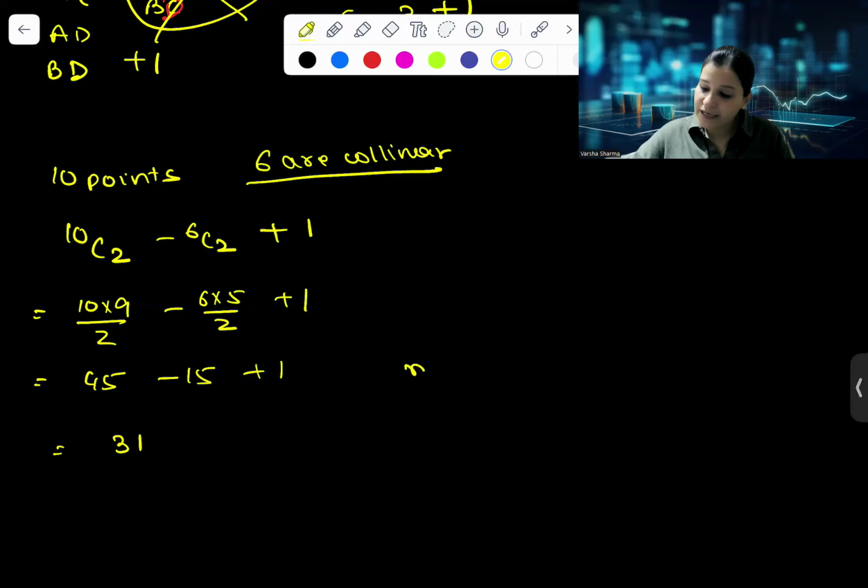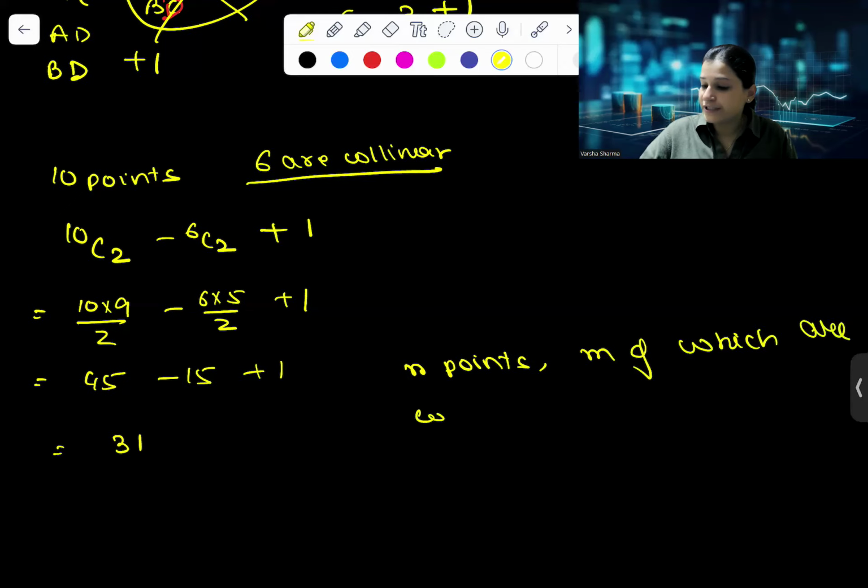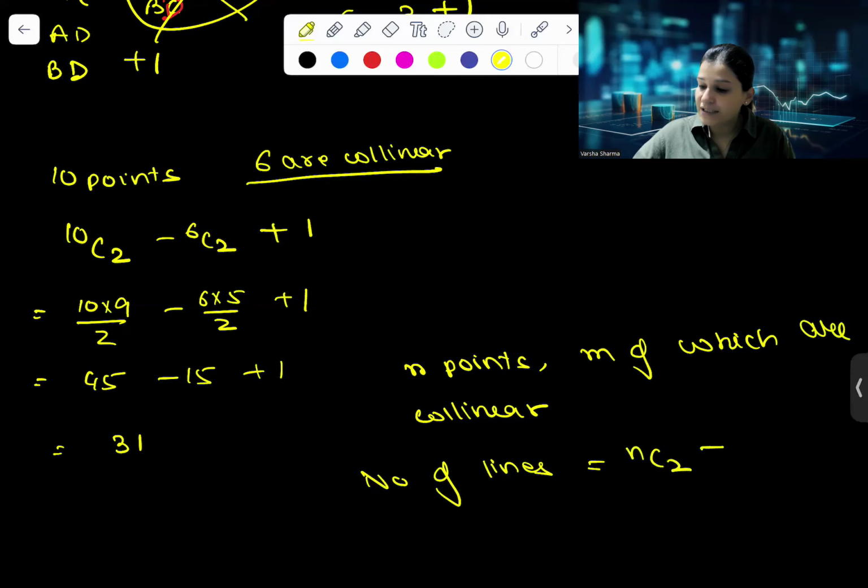If there would have been n points, m of which are collinear, then the number of lines will be total minus collinear plus 1. Total minus collinear plus 1.